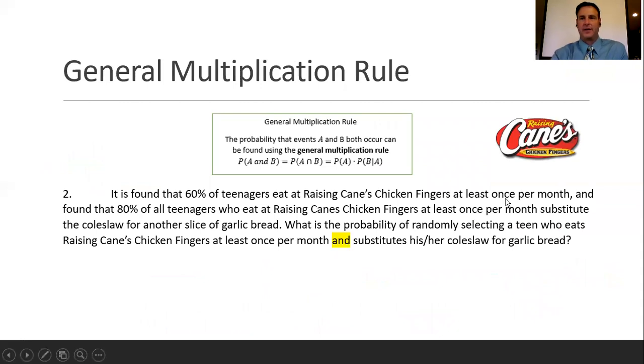All right. I'll have to keep moving my screen around, but this is called the general multiplication rule. And you notice that it's actually a form of the previous equation.